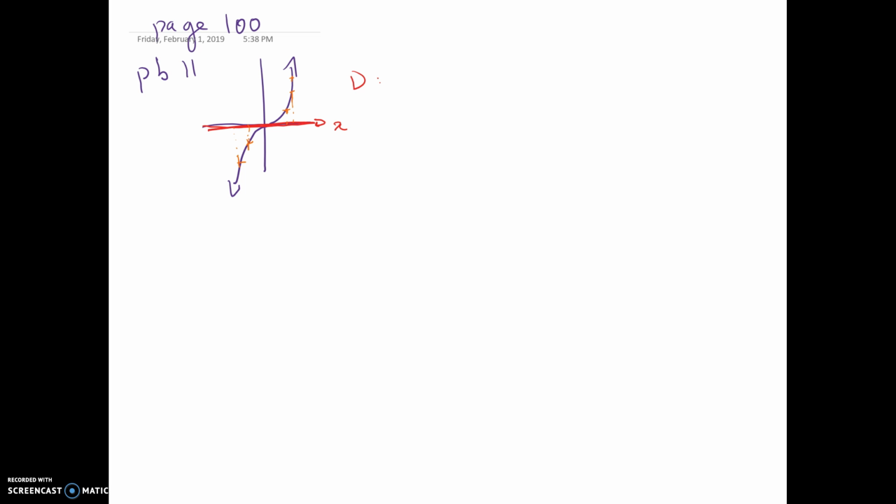With these two arrows right here, your graph is going toward infinity, meaning there is an infinity of points going up and an infinity of points going down. Therefore, my domain is from negative infinity to plus infinity, and always a parenthesis for negative infinity and plus infinity.